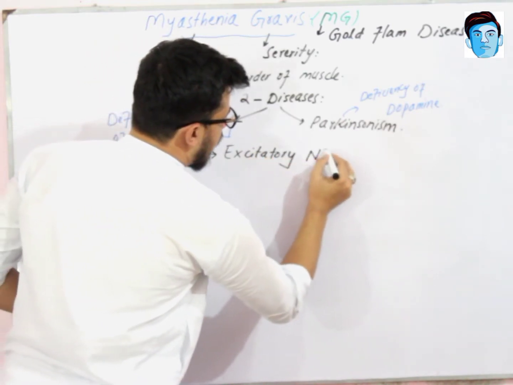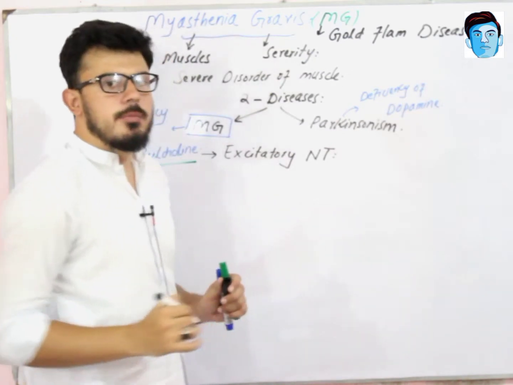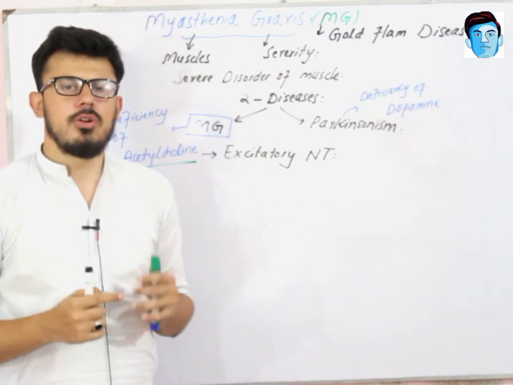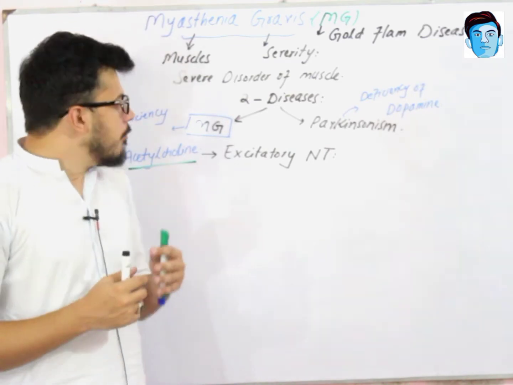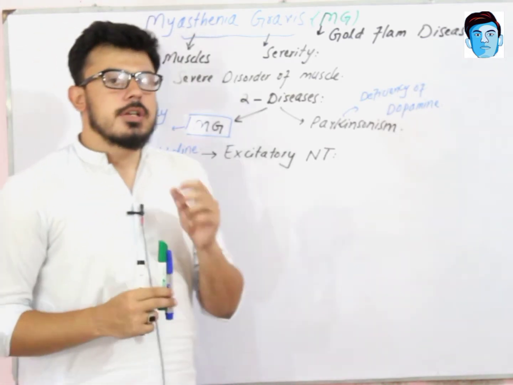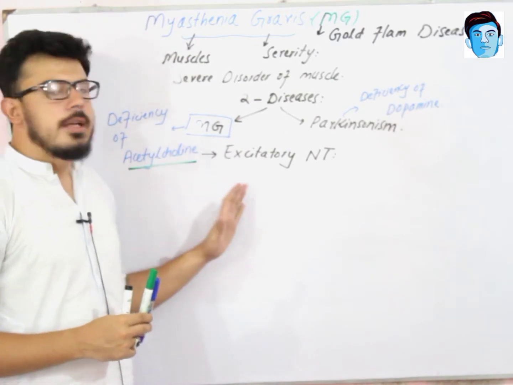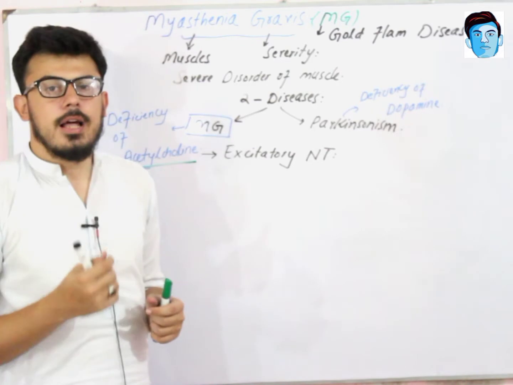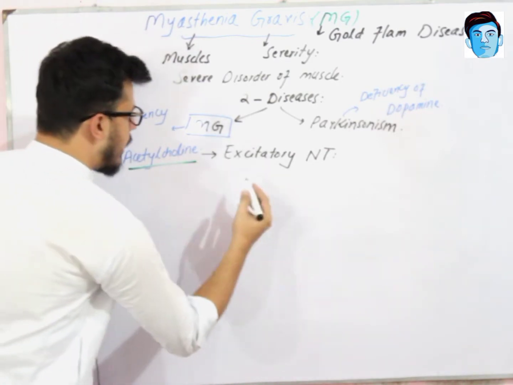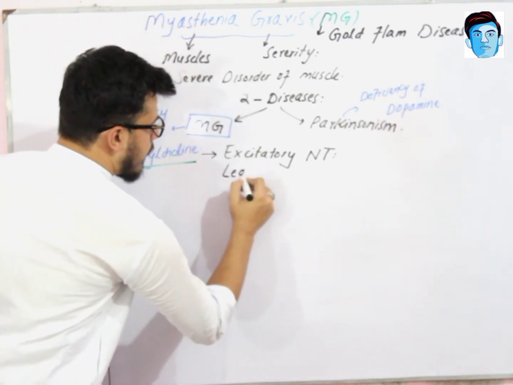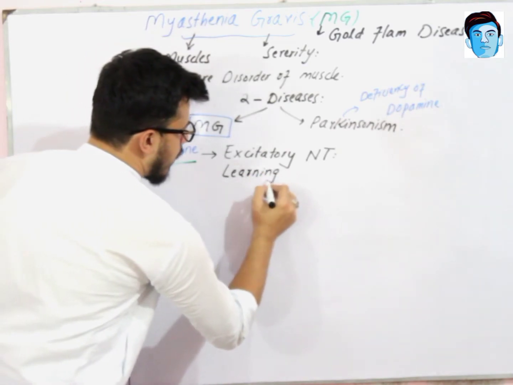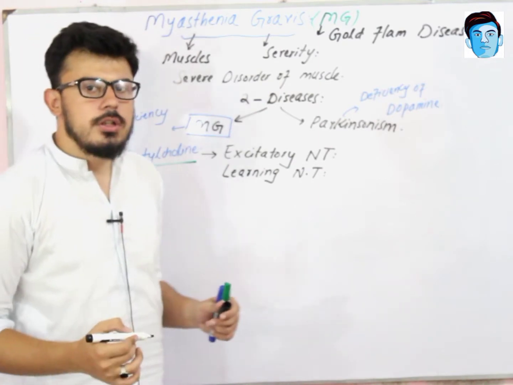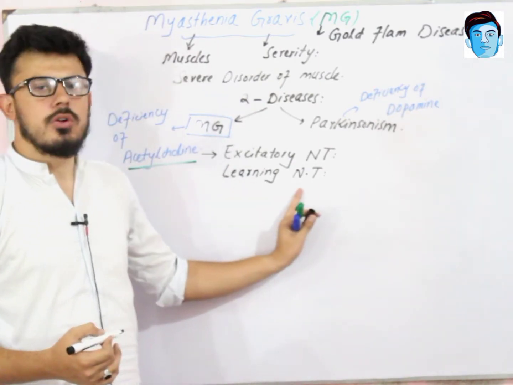It means that whenever acetylcholine binds to the acetylcholine receptor, it will help in muscle contraction. We will be discussing it later in detail, but just keep in mind that acetylcholine is an excitatory neurotransmitter. Secondly, it is also known as the learning neurotransmitter. Every neurotransmitter has another name, so for acetylcholine, the other name is learning neurotransmitter.